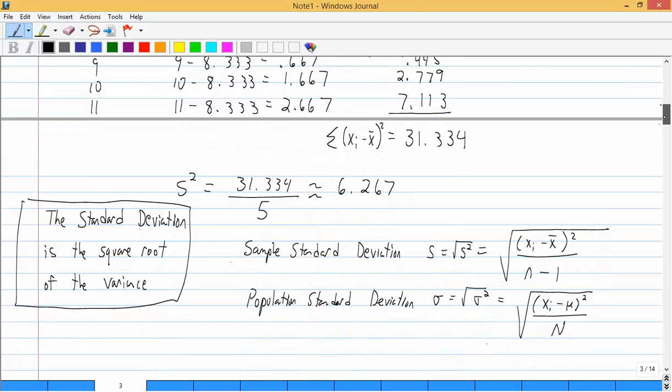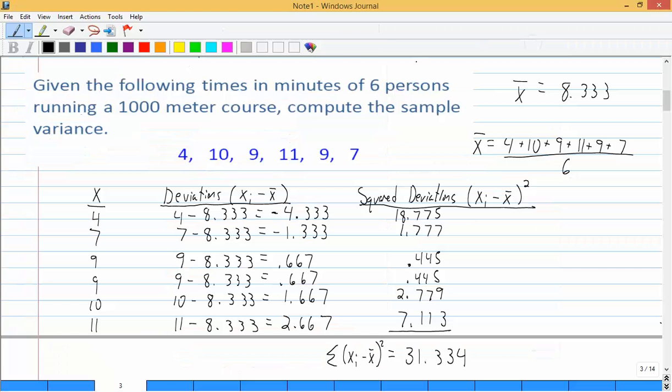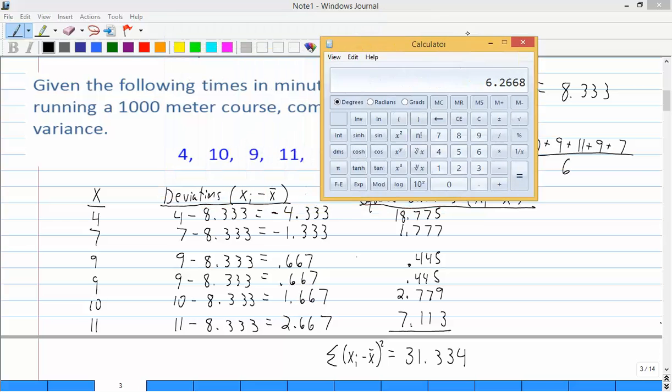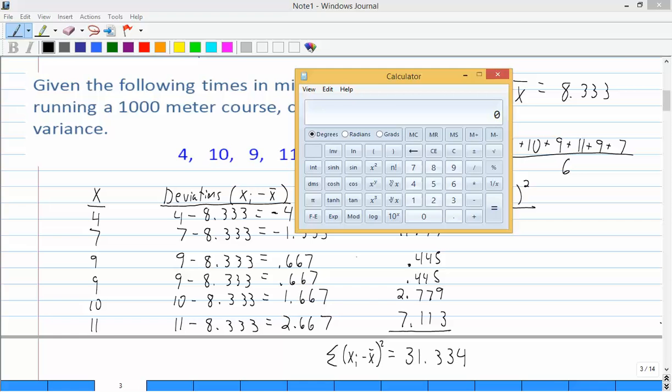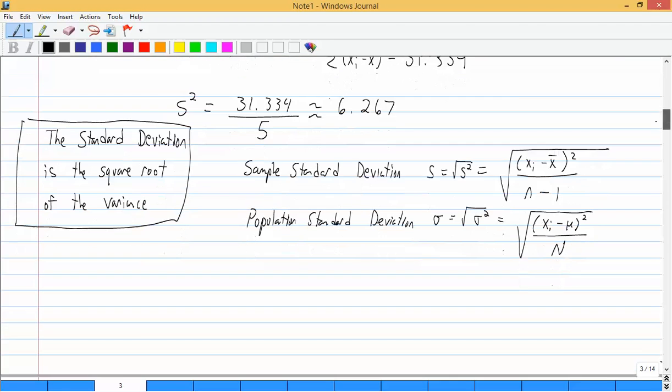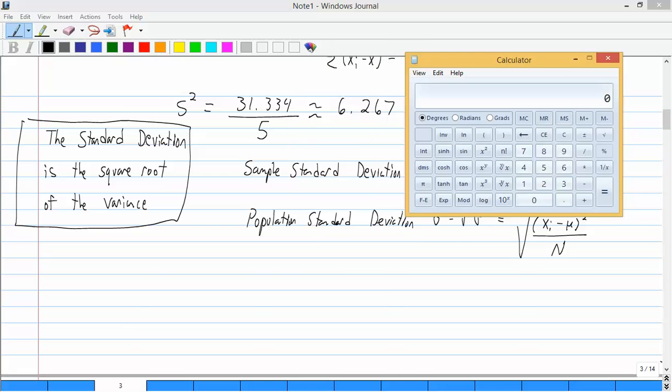Alright, we have the sample variance here, S squared. If I want the sample standard deviation, again, I simply take the sample variance and take the square root. I know that we did a lot of rounding.